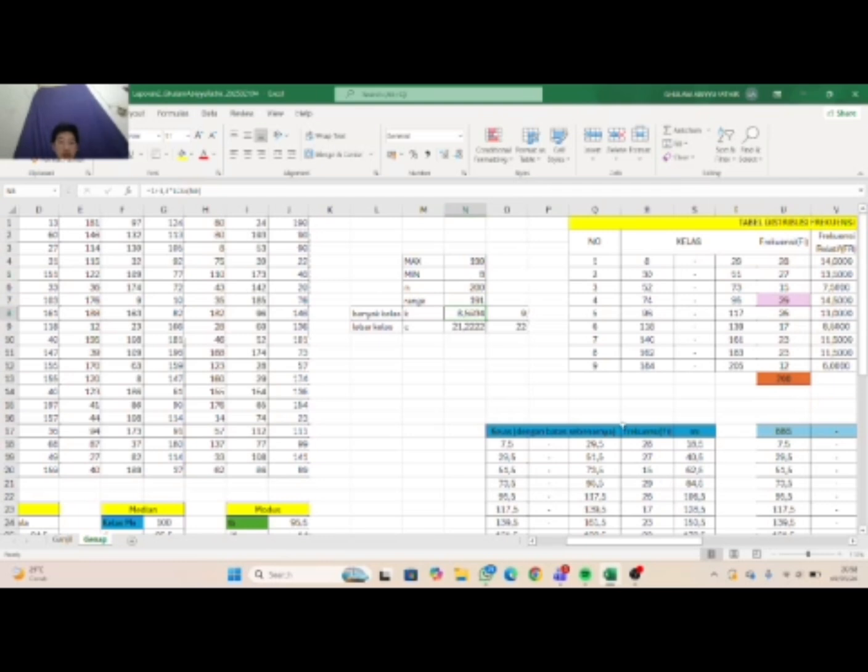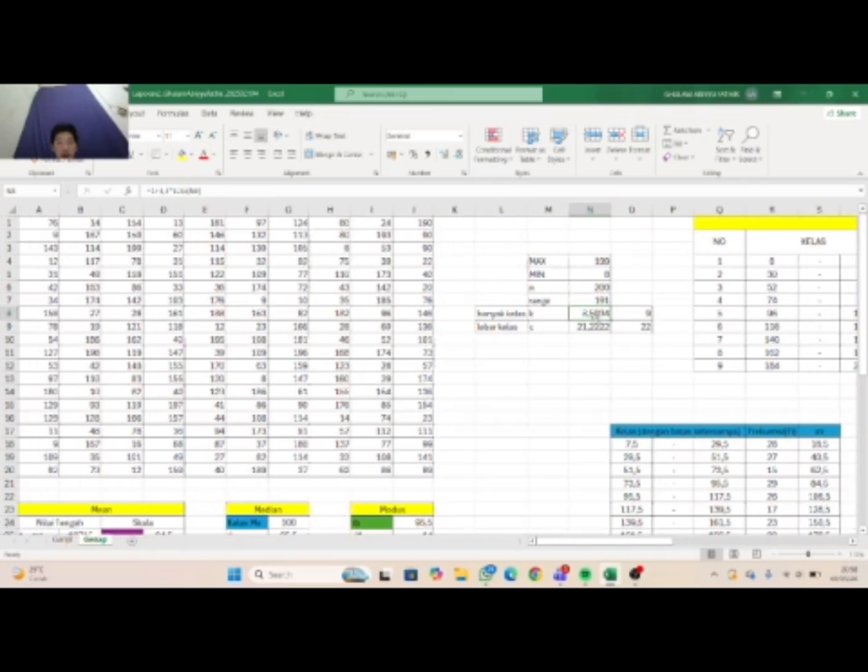This formula is used to determine the ideal number of class intervals based on the total amount of data. Because the result is usually a decimal, I use ROUND, and the purpose is to make the number of classes a whole number.